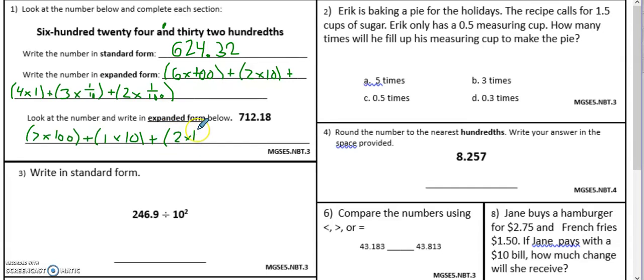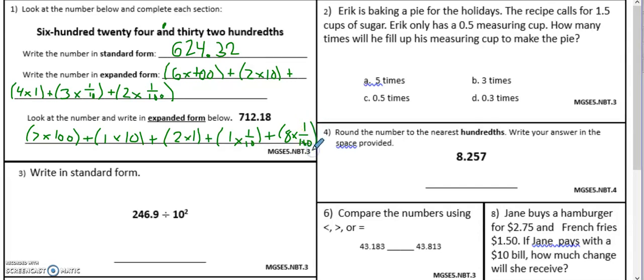And then we move into our decimal or fractional numbers. So we've got that 1, but this one is in our tenths place. So we put a 1/10. And then last but not least, we've got that 8 in the hundredths place. So we're going to multiply that 8 times 1/100. And so there we go.